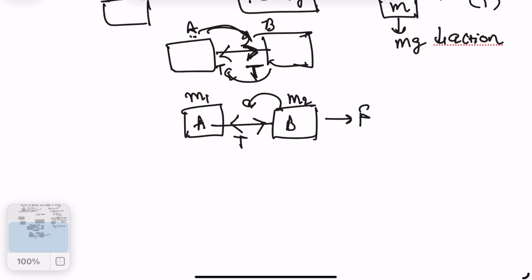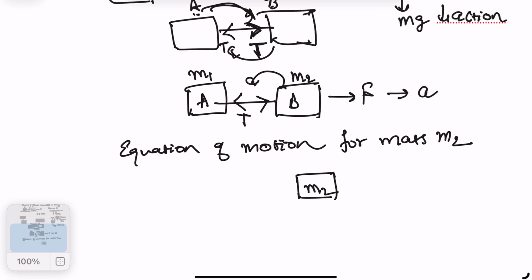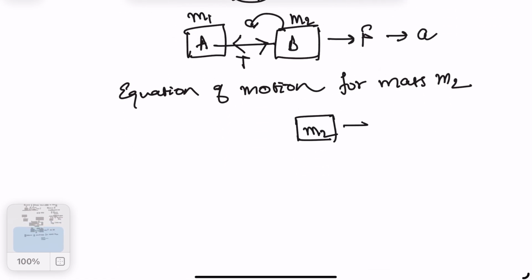Now force is in this direction, it means acceleration is in this direction. So we'll take equation of motion. We'll write the equation of motion for mass m2 first. We have mass m2, and F is acting in this direction, tension T is acting in this direction. For block B the tension is in this direction, and acceleration is in this direction.